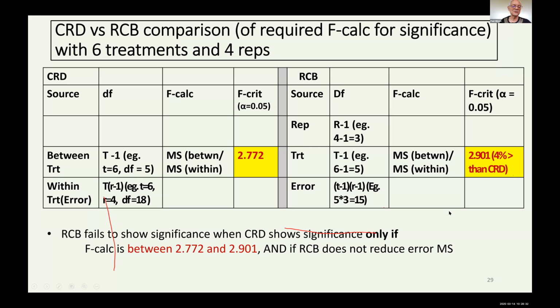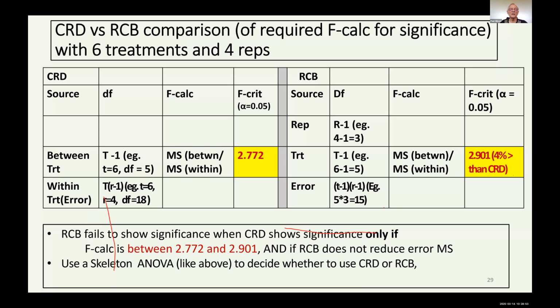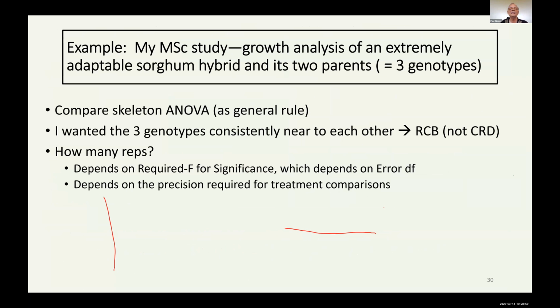And the impact is that RCB fails to show significance only if F-calc is between 2.77 and 2.90, and if RCB does not reduce error mean square beyond CRD error mean square. So again, use a skeleton ANOVA to decide or even to consider an advanced design.